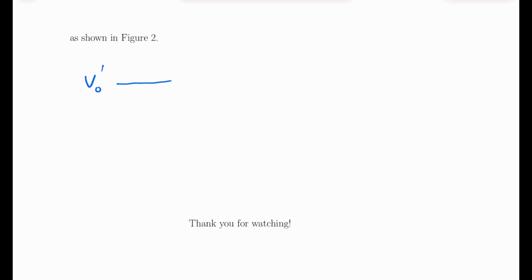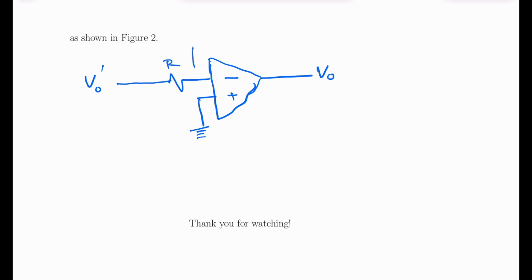I use this here. This is your operational amplifier. This is V naught. Positive end is grounded. This resistance is R, and we have a feedback resistance Rf here, which is also equal to R. So that the gain V0 will be equal to minus Rf upon R into V naught dash.